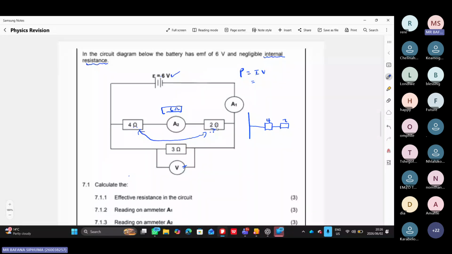Yes, I think you are right. Definitely, you are right. So what we can do, I think we can just use the other formula which does not require us to have the voltage. Let's use this formula and see what we'll get.